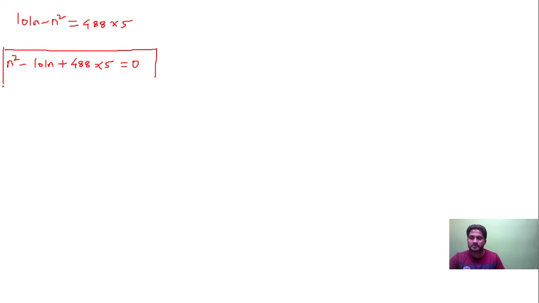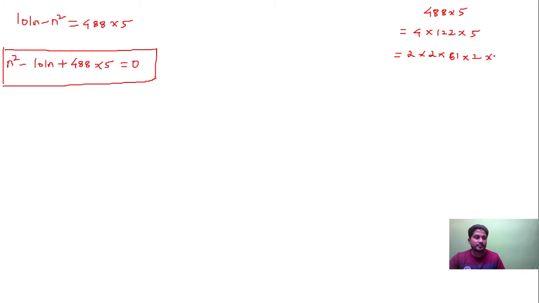Let us split the middle term. So this 488 into 5, if I write it as a product of prime numbers, is 4 into 122 into 5. Again 4 can be written as 2 into 2. This is 61 into 2, into 5. The middle term is minus 101. Now see the grouping here.